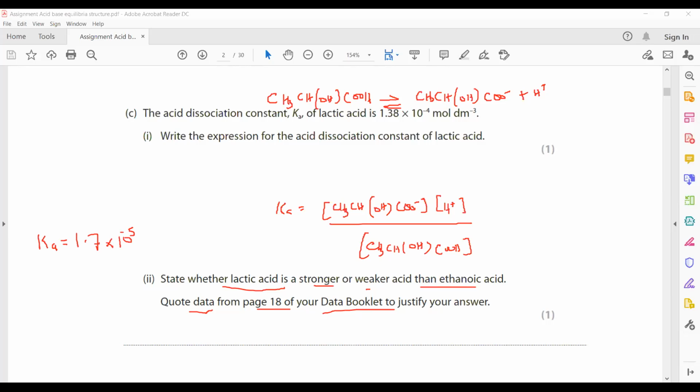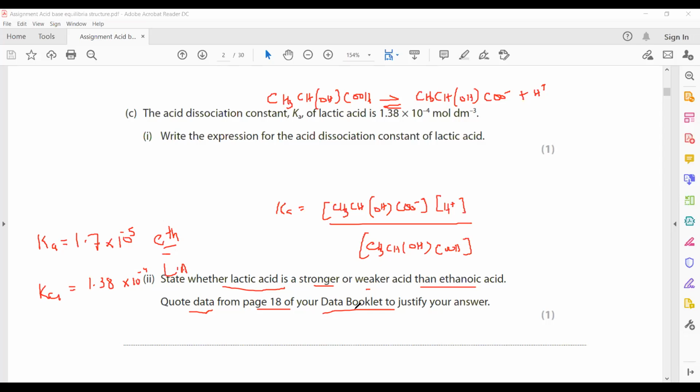And in this question, this is for ethanoic acid. When you check the data booklet, you can identify the dissociation constant for lactic acid is 1.38 × 10^-4. Which one is the higher value, 1.7 × 10^-5 or 1.38 × 10^-4? Which value is higher here? So the lactic acid value is higher.